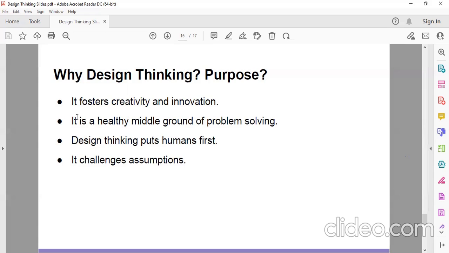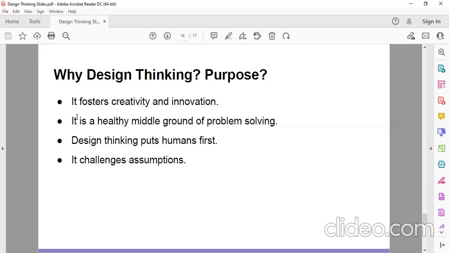Then the third purpose is design thinking puts humans first. This is another reason why we prefer design thinking, right? By focusing on empathy, by empathizing with the users, it encourages the businesses or the people who design the solution to consider the people who are going to use the products or the services.